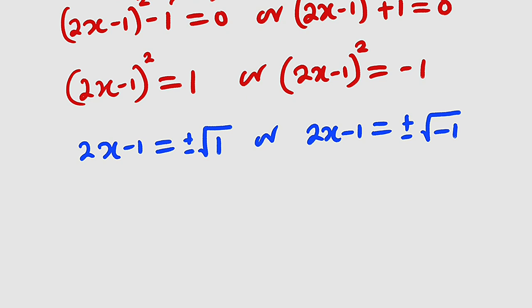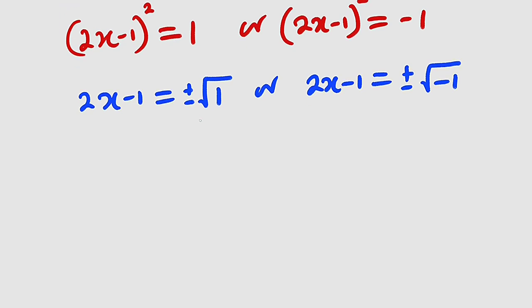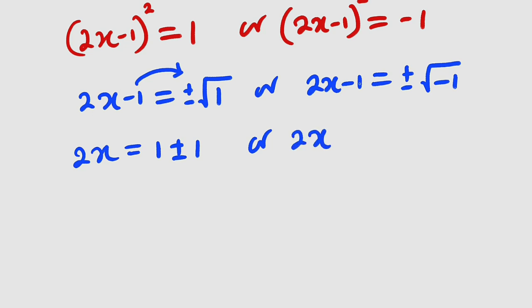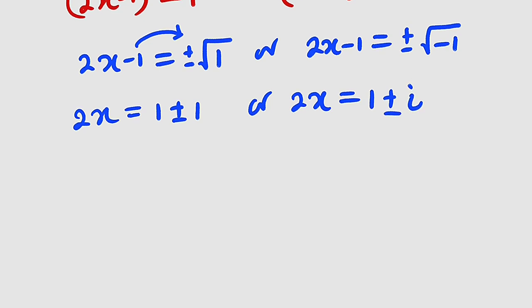I'm solving the two equations simultaneously. We know that the square root of 1 is 1. So let's take this 1 to the other side. As -1 crosses over, it becomes +1. So we have 2x = 1 ± 1, or 2x = 1 ± i, since the square root of -1 is i.